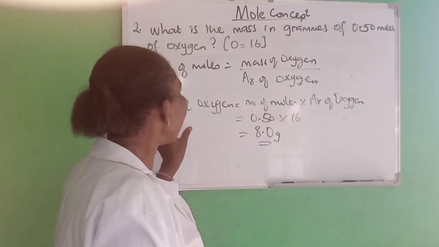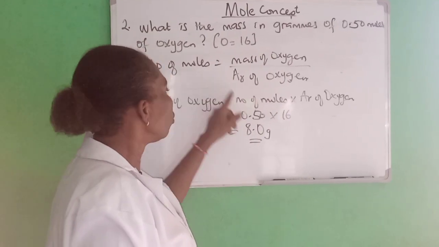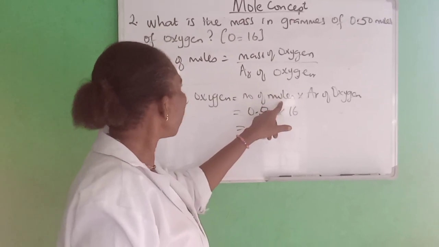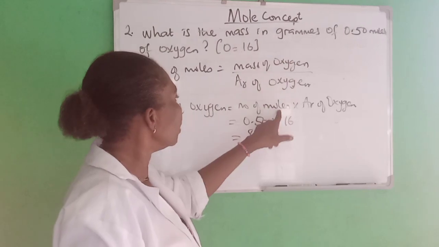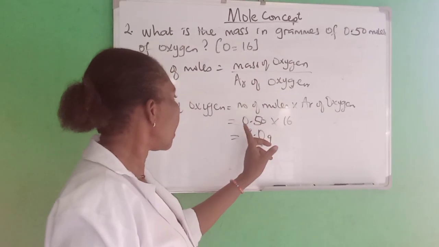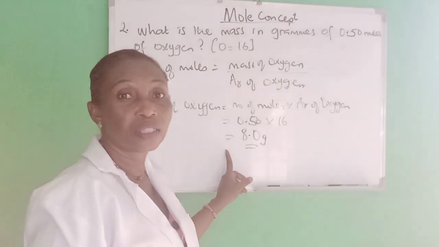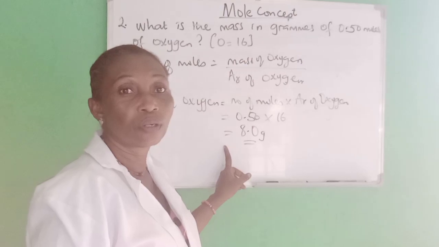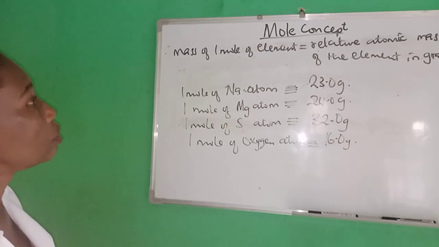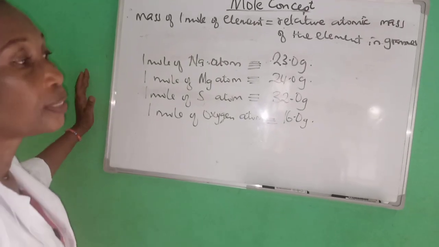So the mass of oxygen is given by number of moles of oxygen multiplied by relative atomic mass of oxygen, that is 0.50 times 16. That gives us 8.0 grams.